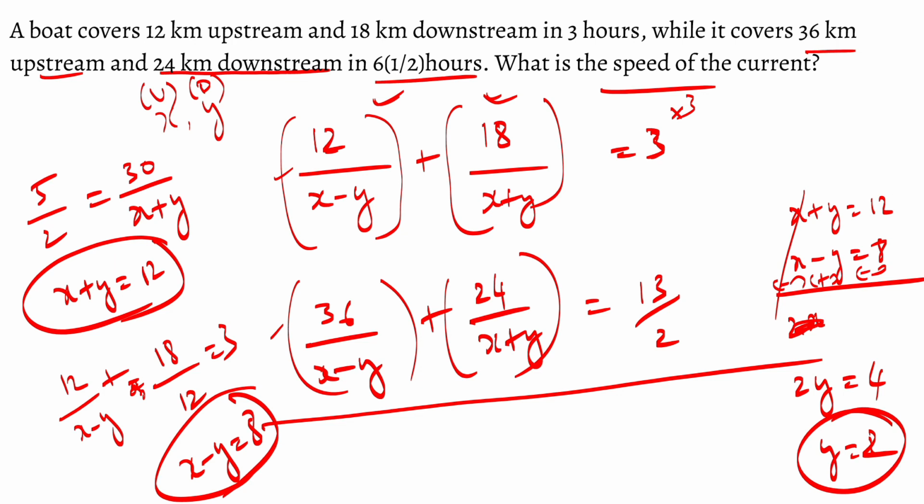But in boats and streams, where the flow of the stream is against the speed of the boat, we do not add, we subtract. Whereas when the direction of the boat and the direction of the stream are the same, we add the speeds, right?